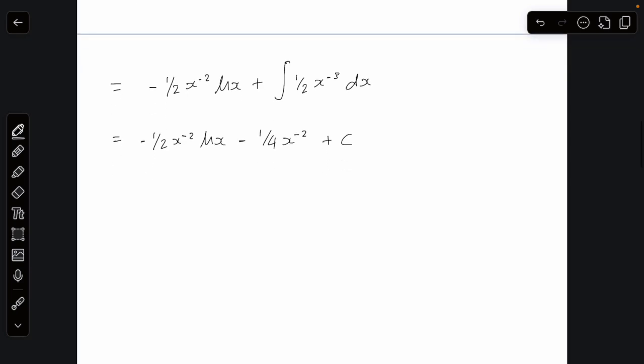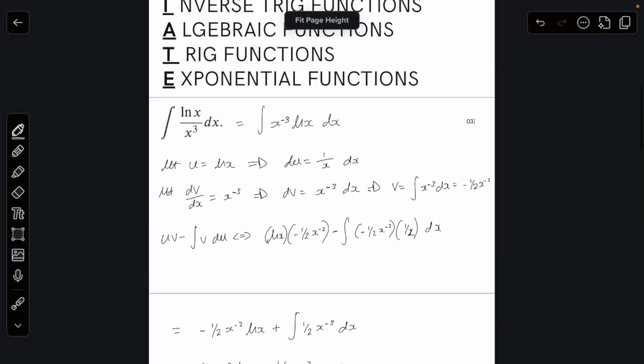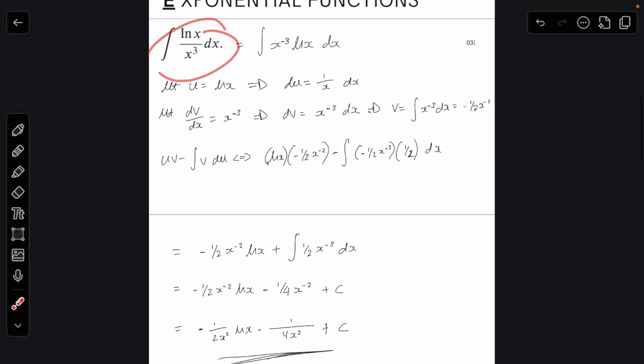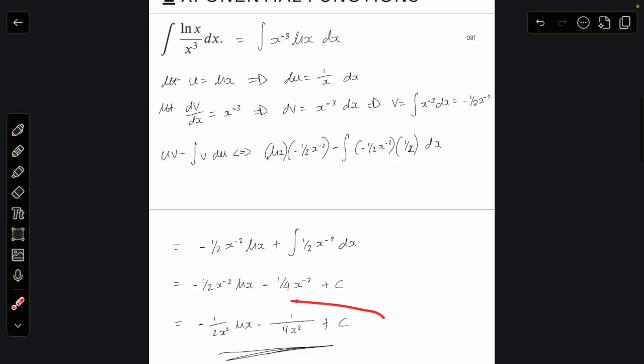And we can just simplify this down now. So what does that give us? Negative 1 over 2x squared ln x minus 1 over 4x squared plus c. Perfect. So that's going to be the answer for this question that we just solved using our LIATE acronym, and is a first introduction question to integration by parts.